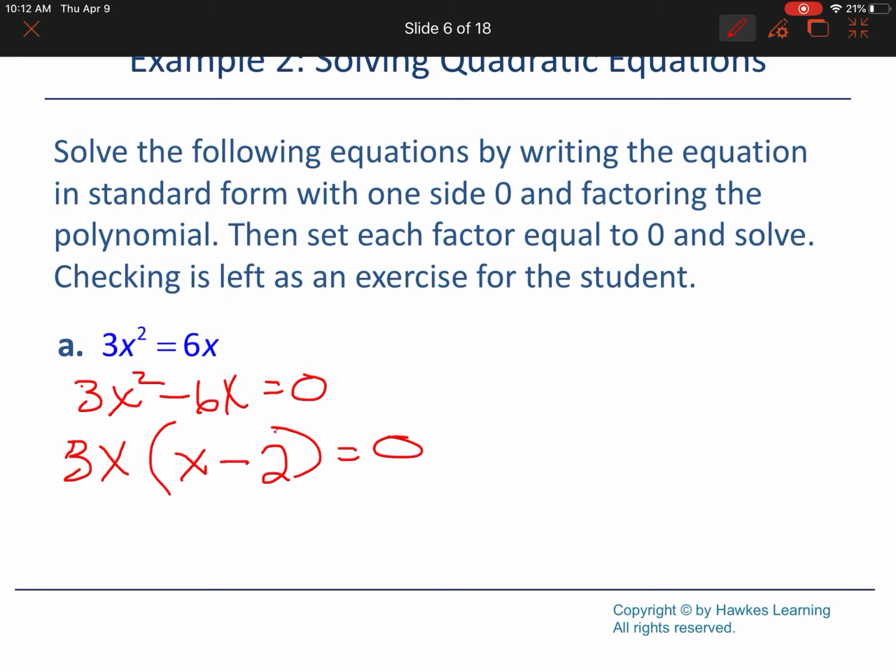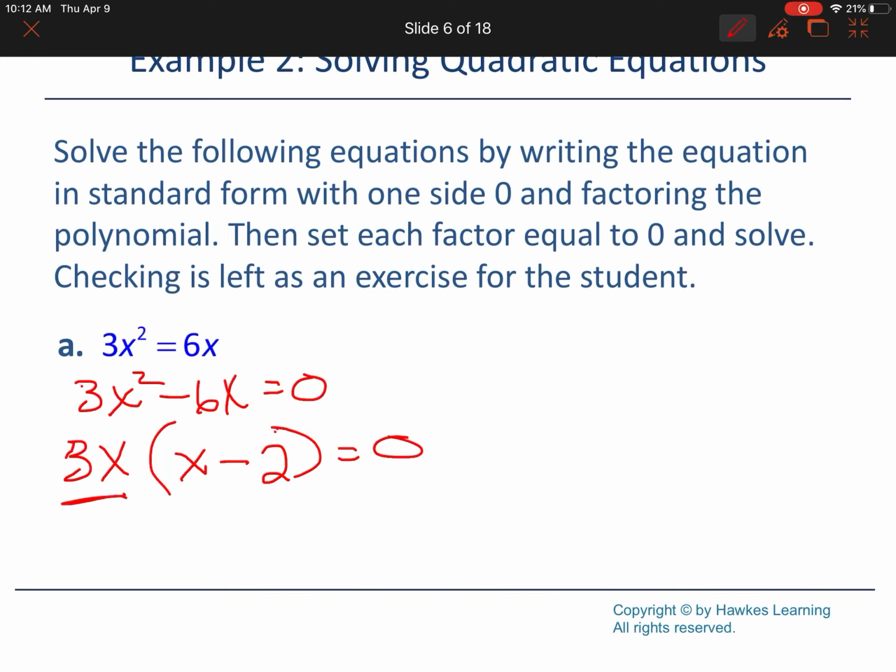Now, this greatest common factor is one of our factors, because it has a variable in it. Sometimes when we factor out a greatest common factor, it's just a number. And if it's just a number, then it can't equal 0, because it's going to equal whatever number it is. So we wouldn't count it. But if it has a variable in it, then we would.